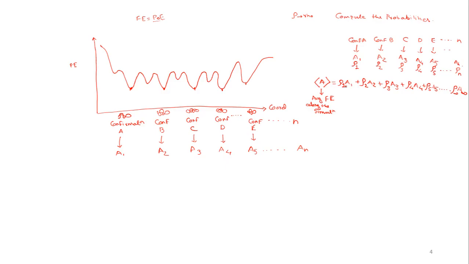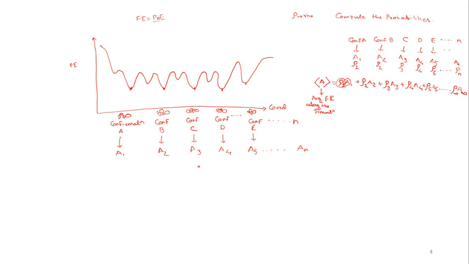In this equation, the average value of our property, free energy, is an ensemble average, simply the sum of each value of the property of interest multiplied by the probability of acquiring that particular configuration.